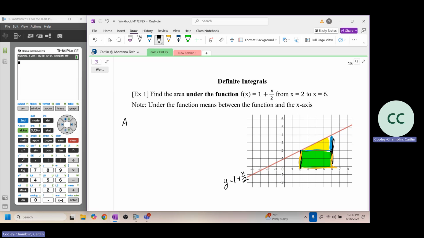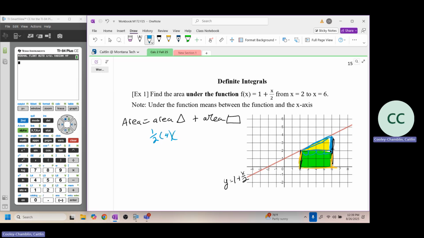So our area is equal to the area of the triangle plus the area of the rectangle. And the area of the triangle is 1/2 base times height. So my base is 1, 2, 3, 4.